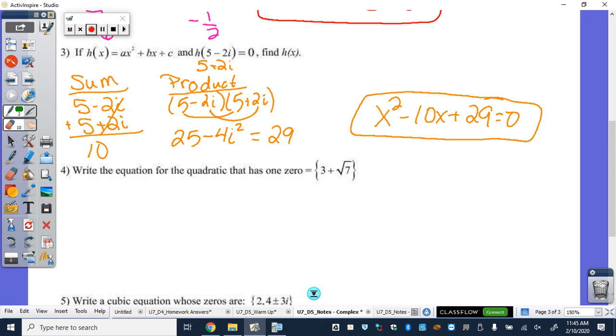All right, so 3 plus the square root of 7, that's one of our zeros. What is our other one then? 3 minus the square root of 7. Again, conjugate pair, so if one's there, the other one is always there too. So add them up. Square roots of 7 cancel.